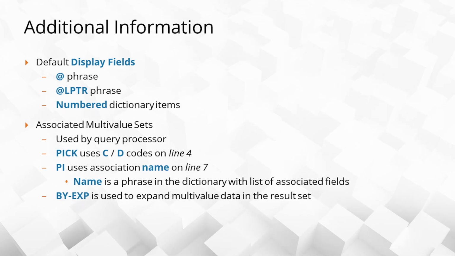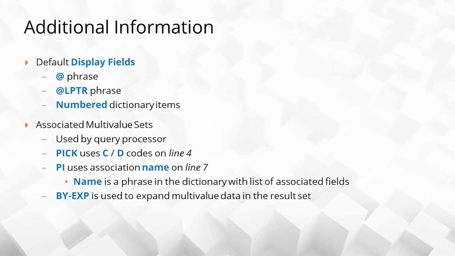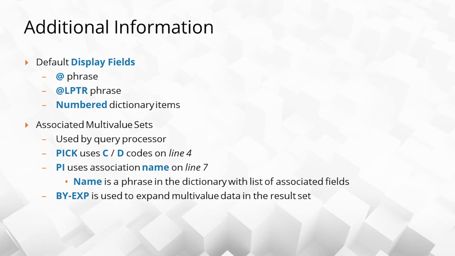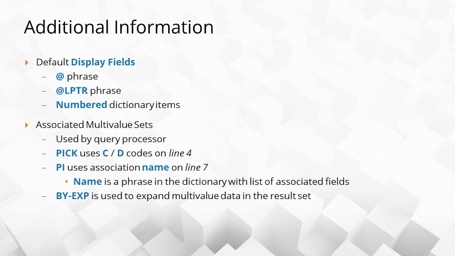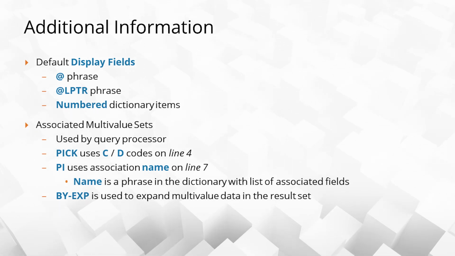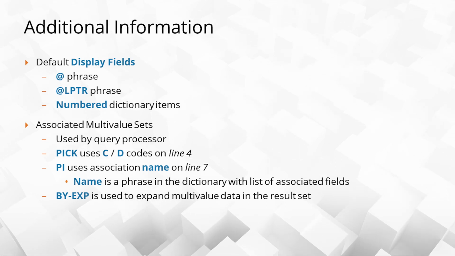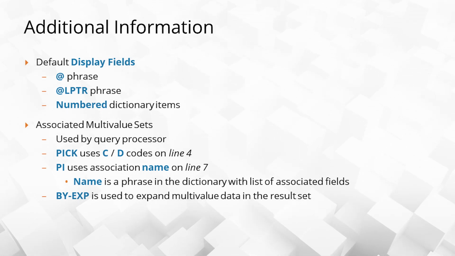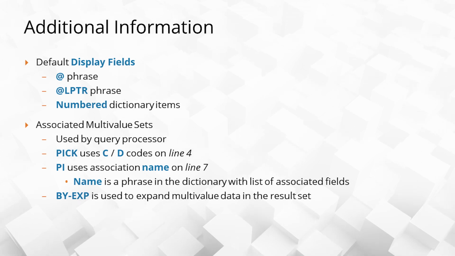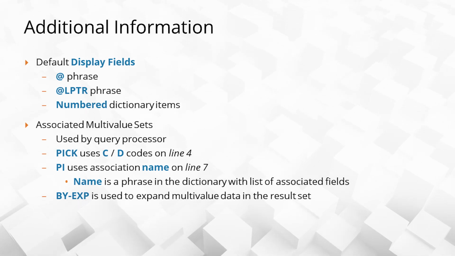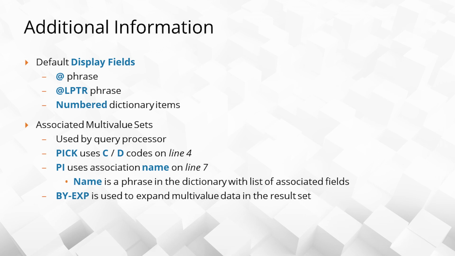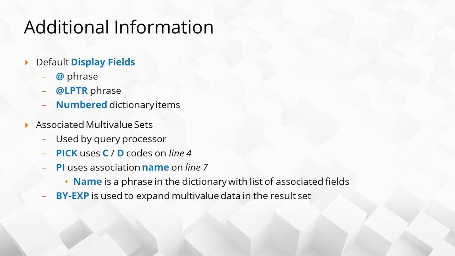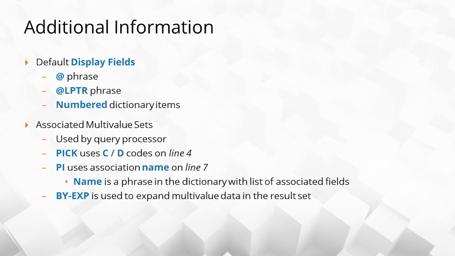So for example, on an invoice, you might have a product number field, and that's associated with a quantity field, and that's associated with a price field. And so that is a set of multi-values. And it's important to group those together so that association isn't lost. And that's what we're trying to do with associated multi-values.